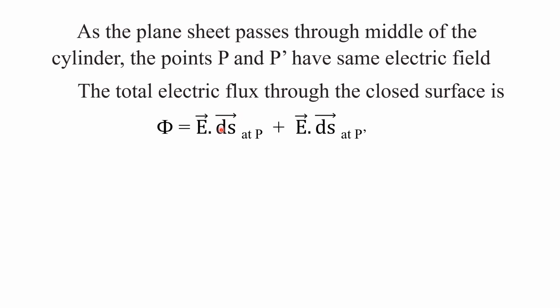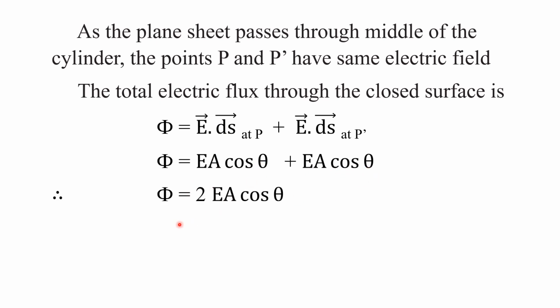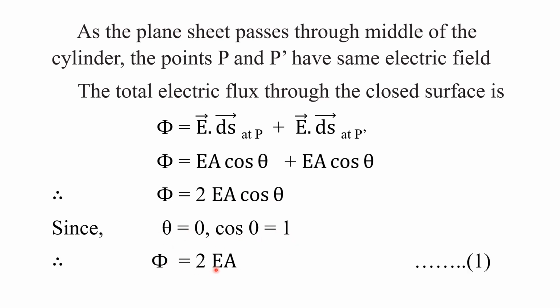Here the area of the cylinder is constant, so phi is equal to EA cos theta plus EA cos theta. Adding these, we get phi is equal to 2EA cos theta. Since theta is 0, cos 0 is equal to 1, so phi is equal to 2EA. This is equation number 1.